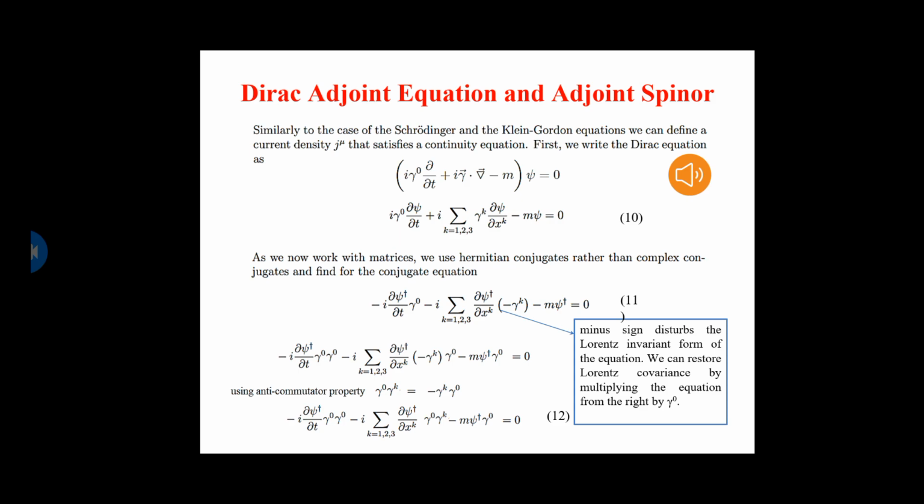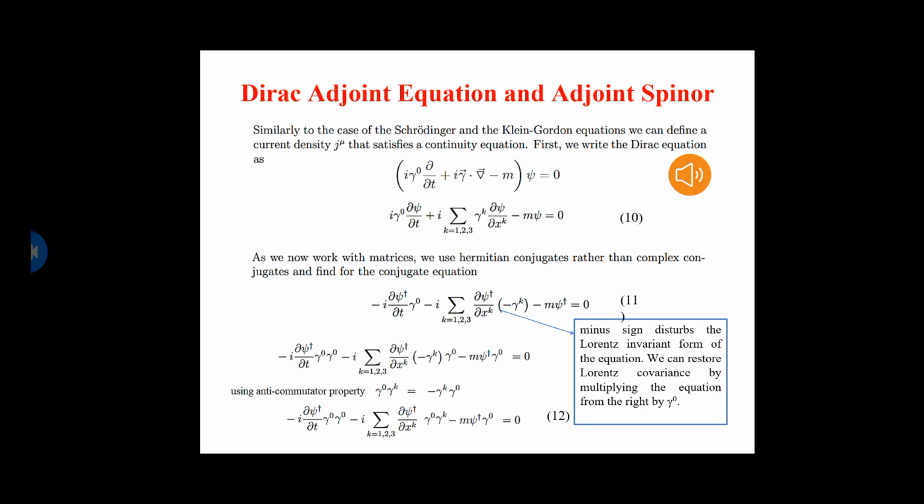Here the minus sign disturbs the Lorentz invariant form of the equation. We can restore Lorentz covariance by multiplying the equation from the right by gamma naught. Applying gamma naught: minus iota partial psi Hermitian over partial t gamma naught minus iota summation k is equal to 1, 2, 3 partial psi Hermitian over partial x k into minus gamma k gamma naught minus m psi Hermitian gamma naught is equal to 0.